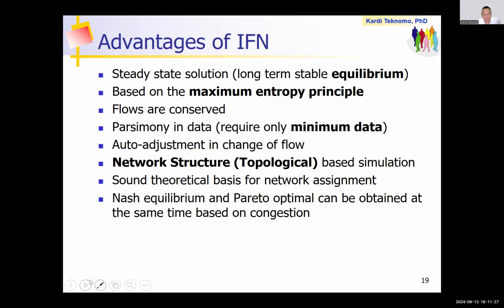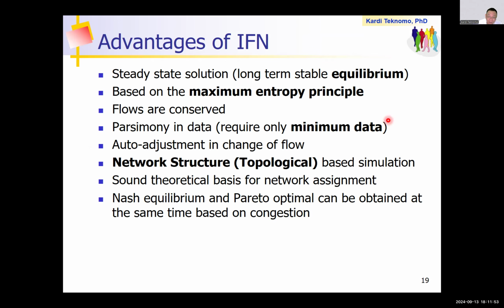So IFN is similar to queuing theory. This is a steady state solution, a long-term equilibrium. It's based on the maximum entropy principle. That means if you don't have data, you can just use the data that you have. If you have data, then use your data. And the flows are conserved.